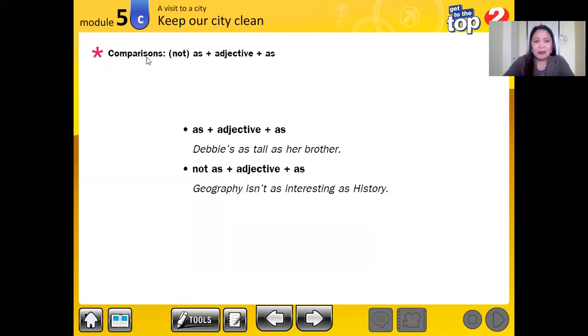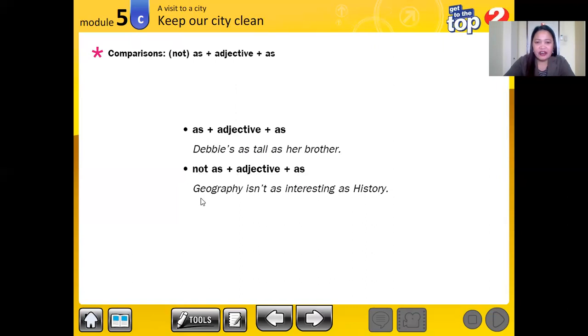So here, as plus adjective plus as. We say Debbie is as tall as her brother. So as plus adjective tall plus as. Negative sentence, not as plus adjective plus as.